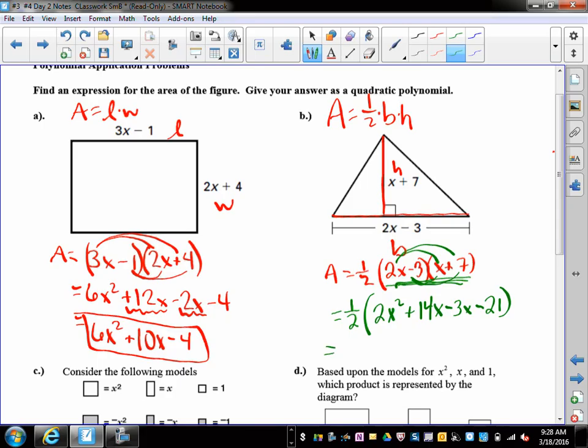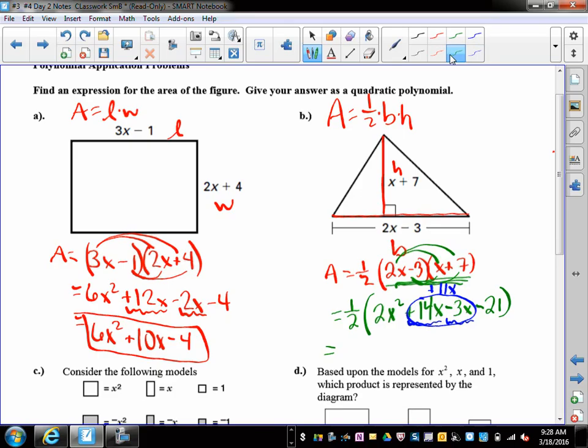Now, if we were to combine our like terms here, what's 14x and negative 3x? Good, positive 11. So these become positive 11x.